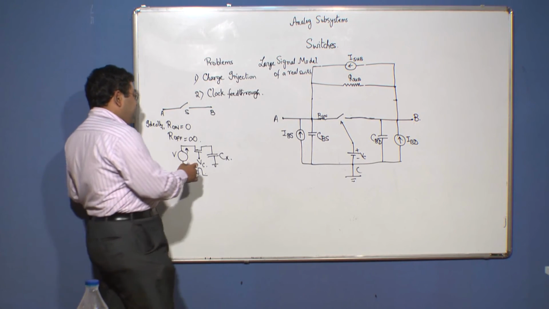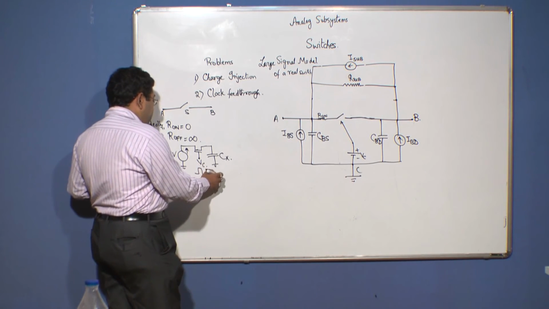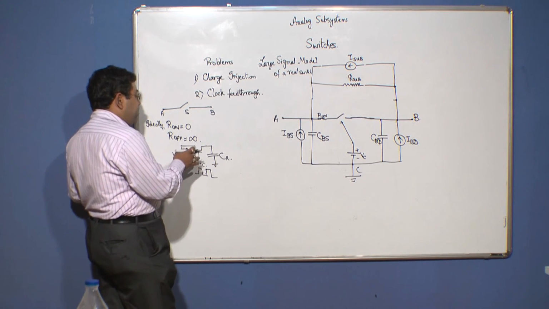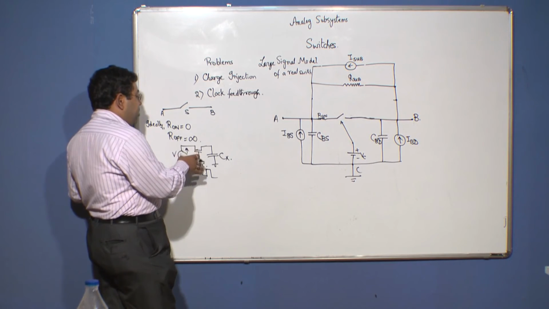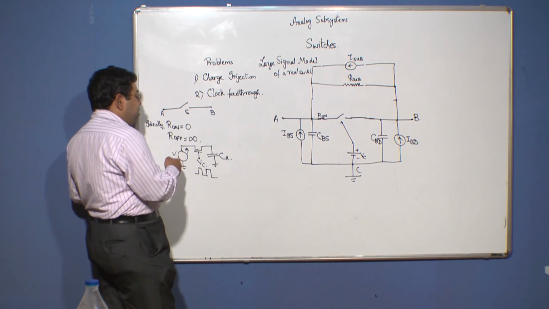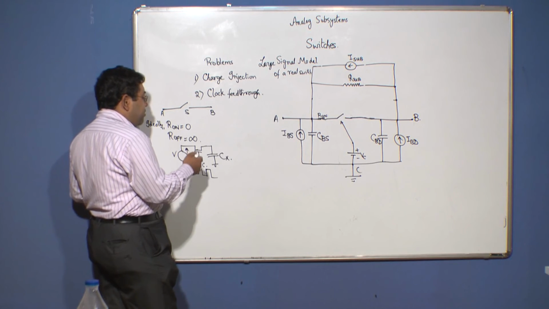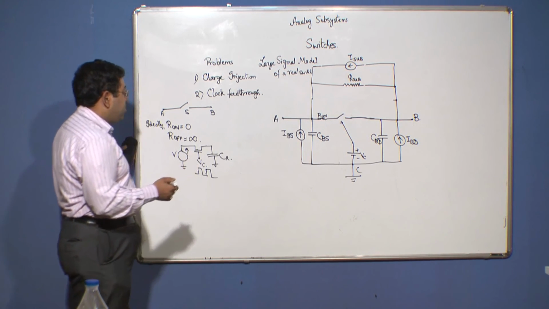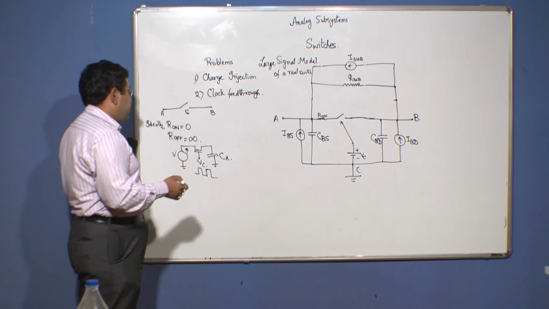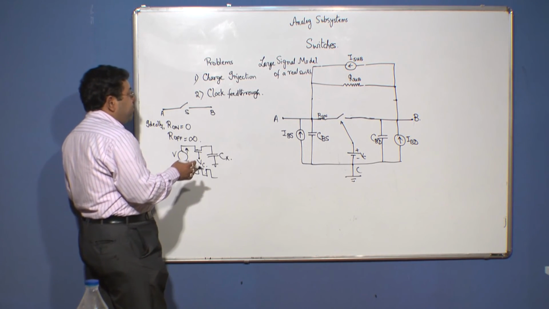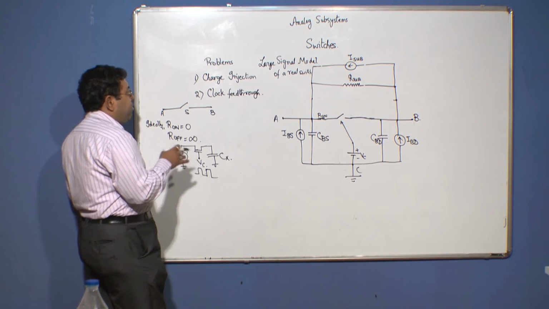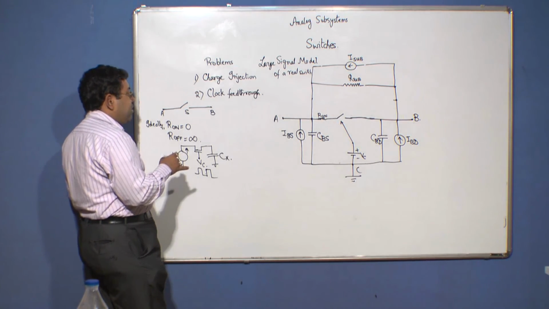The other thing is that when we apply a clock signal to the gate of the switch, because of this clock signal, the gate gets coupled to the source and the drain. So, this leads to considerable issues in clocked circuits, and that is why we try to get rid of both this channel charge injection and the clock feedthrough problem.